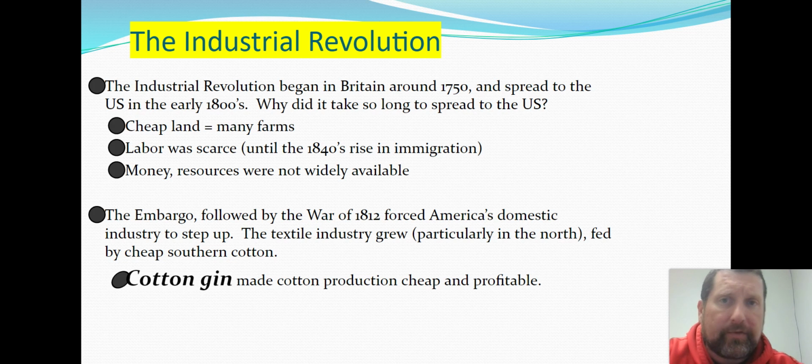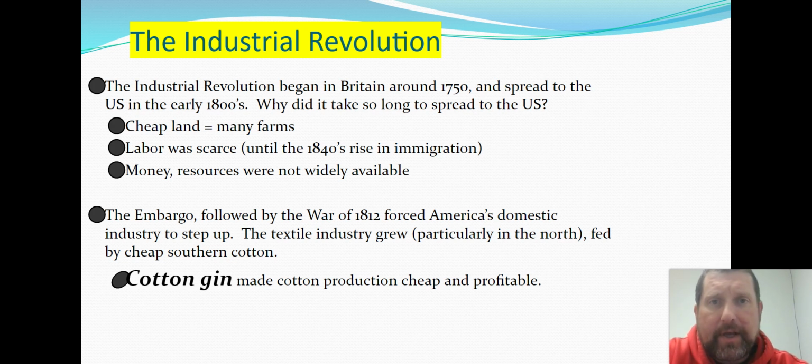All of this against the backdrop, right, of the Industrial Revolution, which had already taken foot in Great Britain, didn't really spread to the United States until the early 1800s, in large part because the United States at this point was very much the agrarian nation that Thomas Jefferson was after, right? There was a lot of land, and so a lot of farmers farming that land.